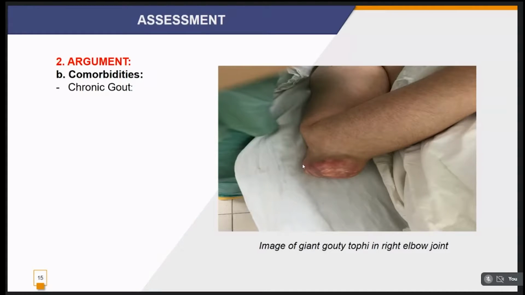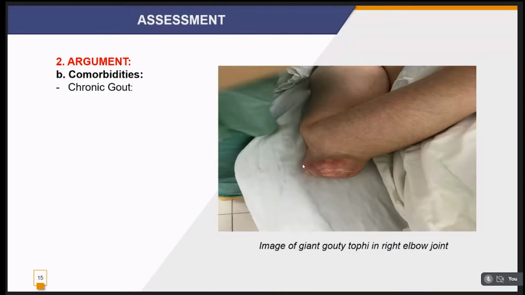And about the comorbidity, in this case we can see chronic disease. He has a history of gout, but we do not have the full information about the diagnosis of the gout, the treatment of the gout, and exacerbations of gout in recent years.